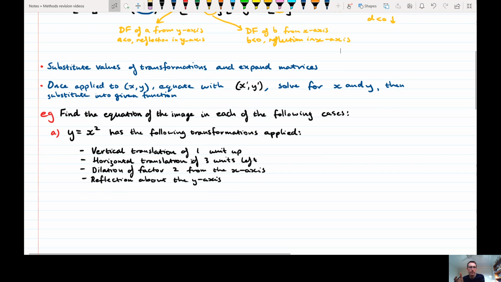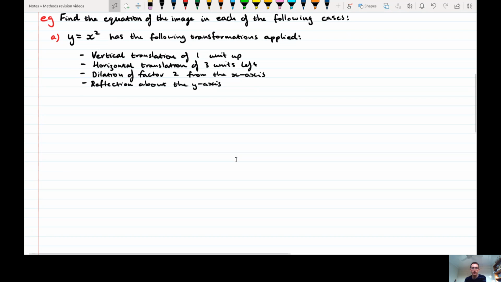So you use the transformations and expand the matrices. Once you've expanded it, it becomes the same as the mapping method. You put the image x dash, y dash equal to the transformation equation, and then you get x and y by themselves. So these two examples are exactly the same as in the mapping video, but this time we're going to use our transformations with our matrices.